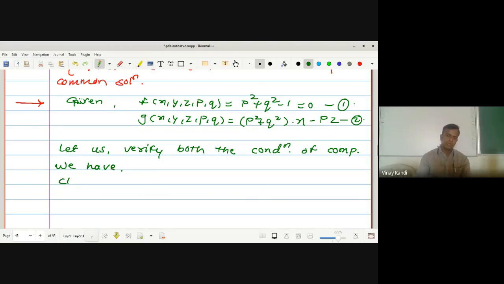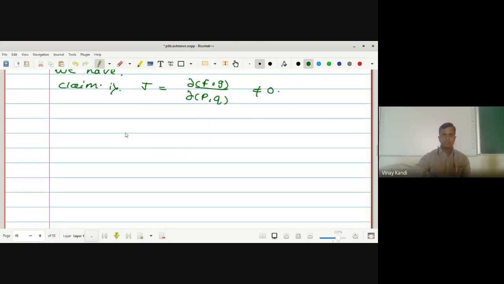Now we have to prove claim number 1: the Jacobian, that is J, which is the Jacobian of f, g with respect to p, q, is not equal to 0. By the definition of compatibility, the first condition says this is not equal to 0.